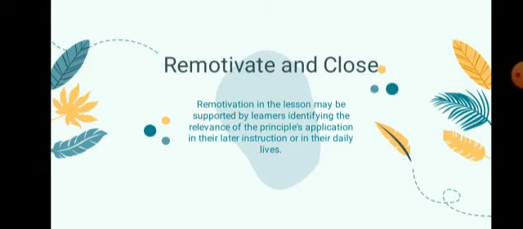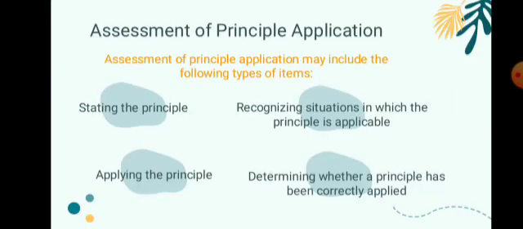Remotivation in the lesson may be supported by learners identifying the relevance of the principle's application in their later interaction or in their daily life. And then last is assessment of principle application.